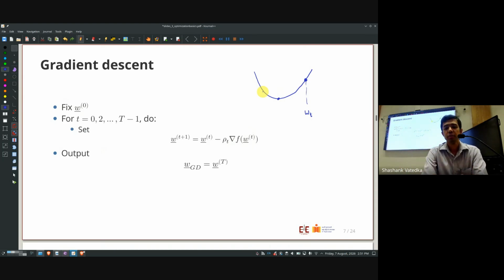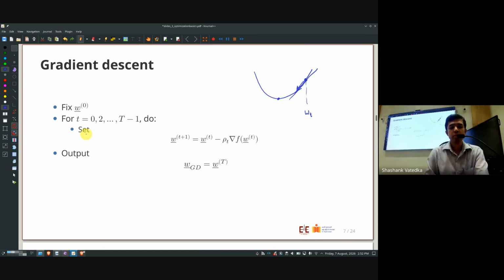The gradient in this case corresponds to the slope, and the direction of the negative slope would essentially be this direction over here. So every time you keep moving along the direction where the function decreases. And depending on how you choose this particular step size, the hope is that this eventually converges to this point of minimum.